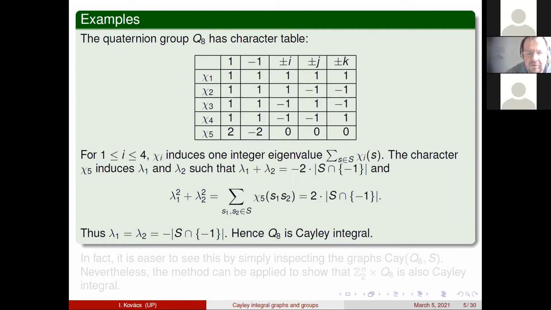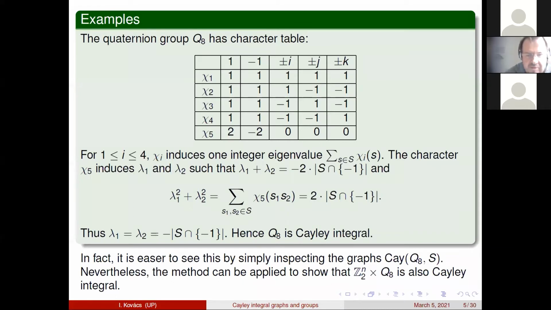If you compute the sum of squares, you get a similar expression. If you solve it, you can see that this is always an integer. The eigenvalues induced by the degree 2 character are also integers, so the group is Cayley integral.